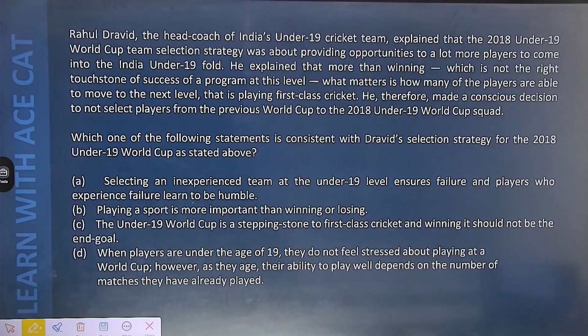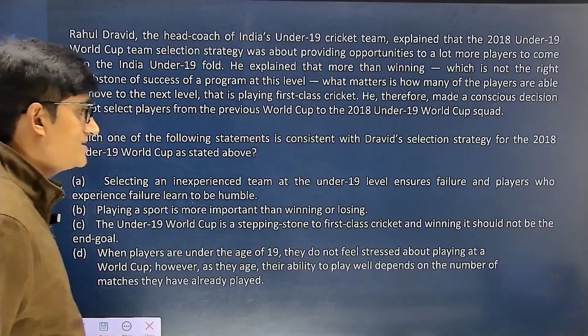He therefore made a conscious decision to not select the players from the previous World Cup to the 2018 under-19 World Cup squad. Now students, the question says which one of the following statements is consistent with Dravid's selection strategy for the 2018 under-19 World Cup as stated above.